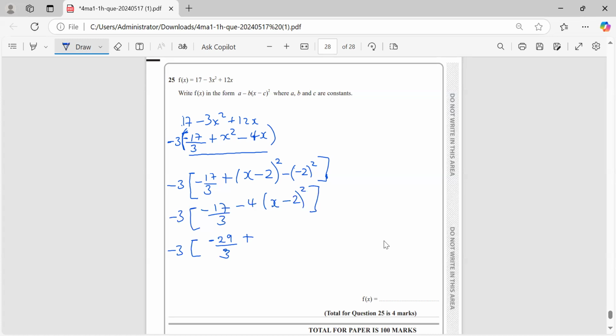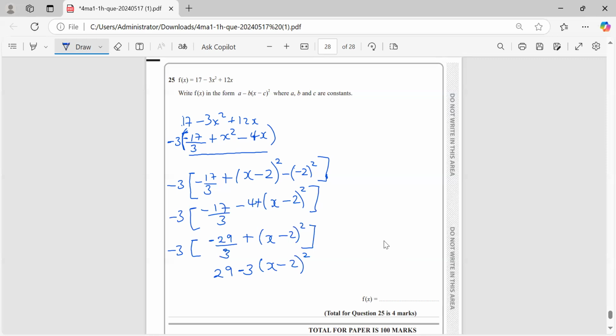Plus, I forgot to put a plus here, so plus x minus 2 squared. Then I'm going to multiply by minus 3 throughout. If I multiply by minus 3 throughout, this minus and this minus become positive. So it's now 29, and the 3 and 3 cancel out. And this plus, this whole thing, becomes minus 3 times x minus 2 squared.